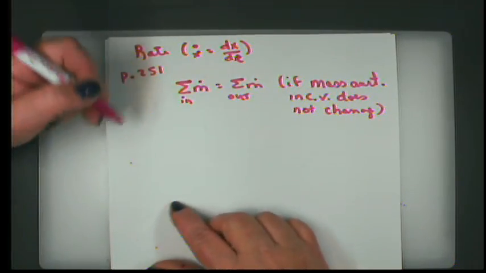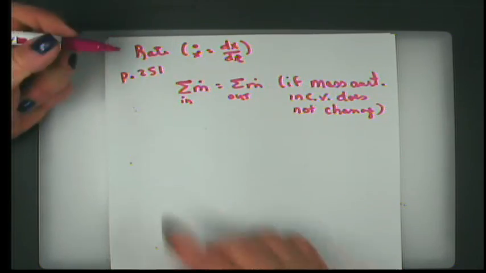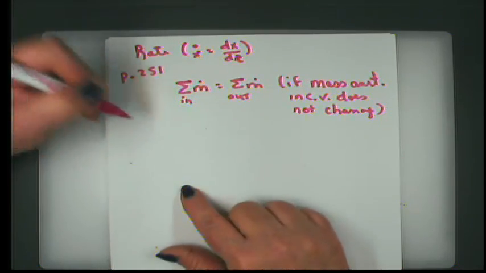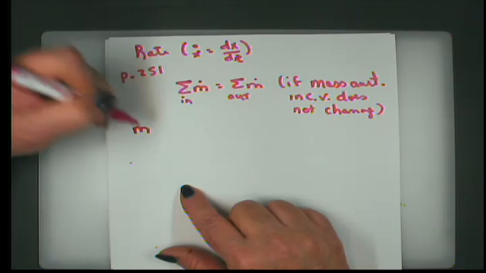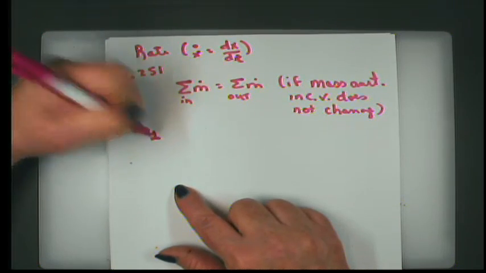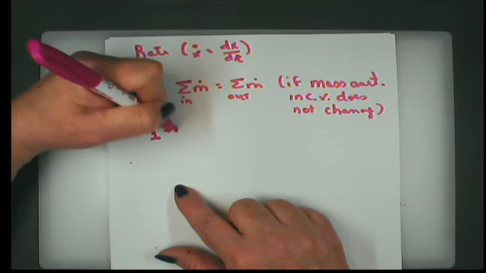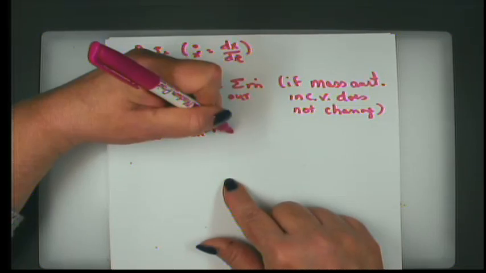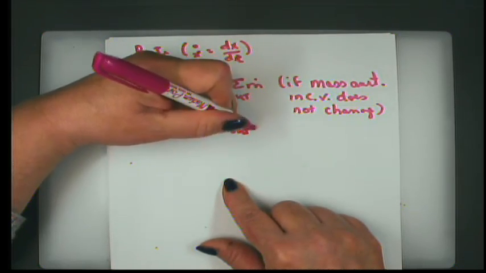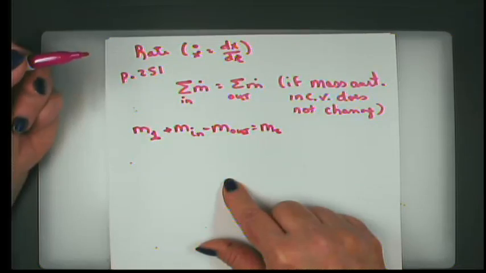Now, if it's not the same, you can build up this equation by thinking about it this way, starting from the beginning. If you take the mass at time 1 and add to it the mass that comes in, and subtract from that the mass that goes out, that will be equal to the mass at time 2.